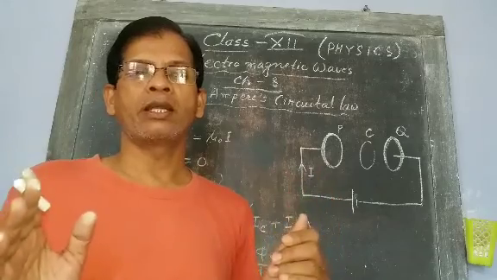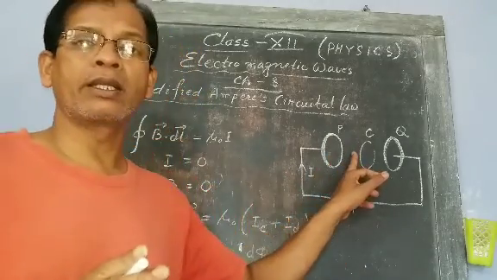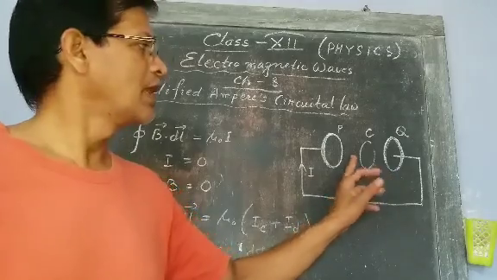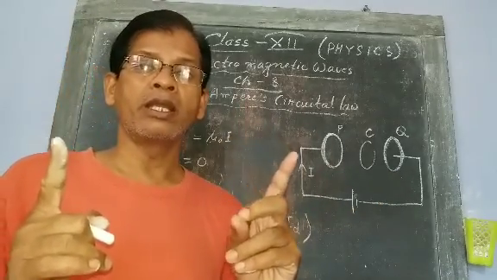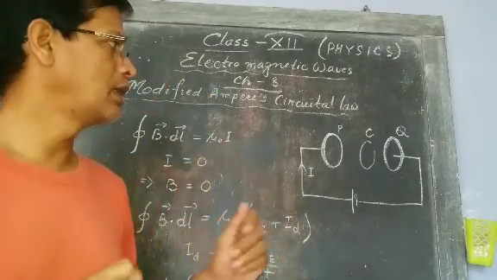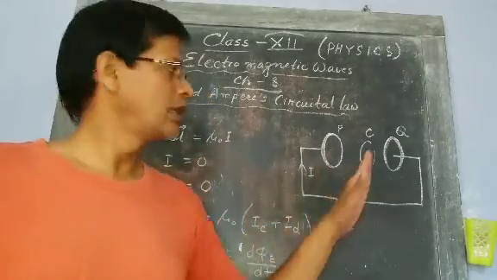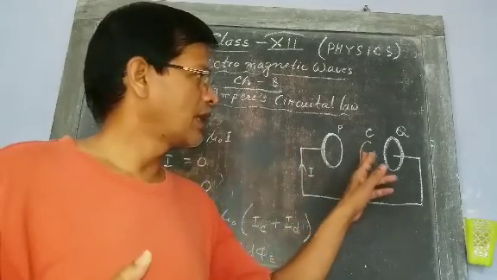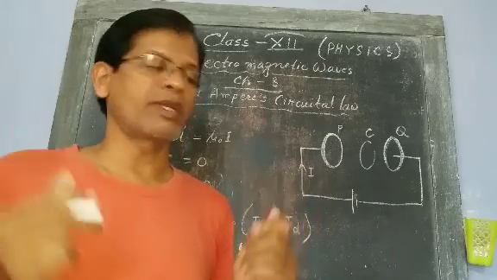Maxwell said that there is also a current. This is not conduction current, but displacement current. This displacement current occurs due to the change in electric field. When the capacitor is charging, the electric field is changing, and due to this change in electric field, a current is produced. This is called the displacement current.